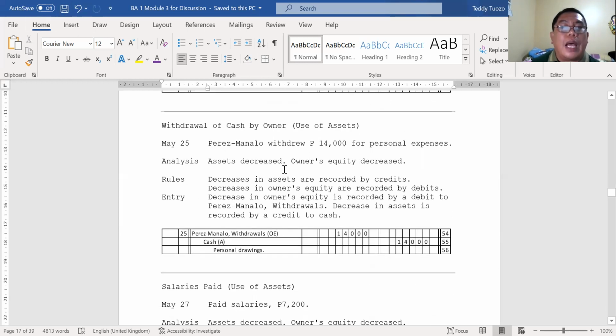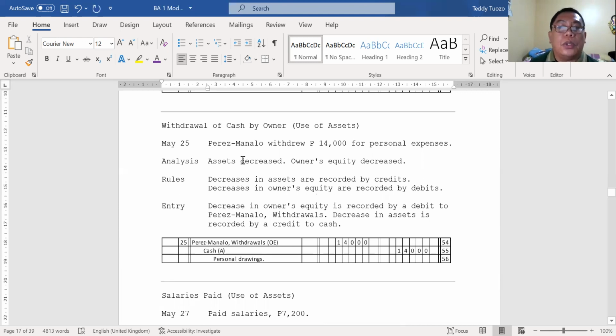Next, withdrawal: Perez Manalo withdrew 14,000 for personal expenses. Do you remember that the value received here is the withdrawal, and the value parted with is cash? The normal balance of withdrawal is debit.